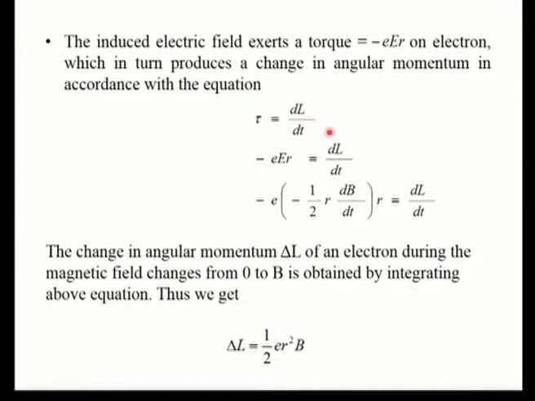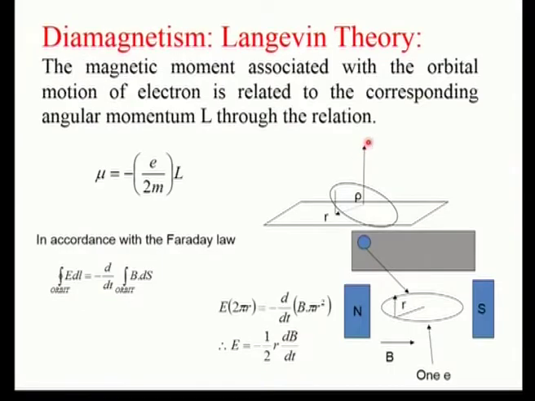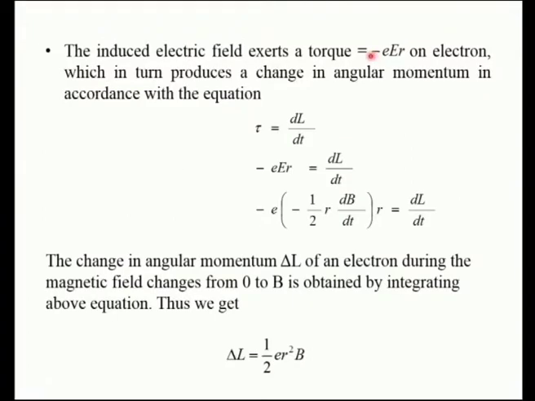Now the induced electric field exerts a torque also upon the electron, as we have seen here. So there will be a torque because of this tilting of this orbit, and hence we get the torque, of course, which is equivalent to -eE·r on the electron, which in turn produces a change in angular momentum in accordance with the equation τ = dL/dt.